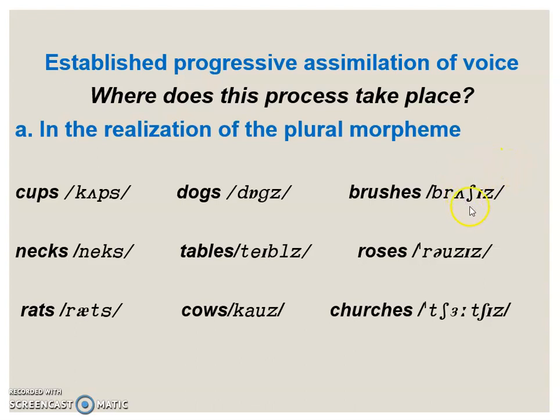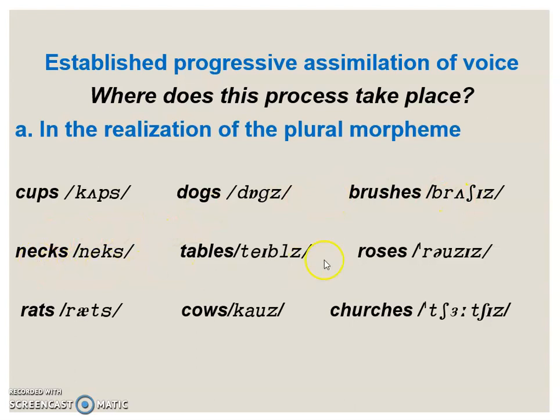So because sh is a sibilant sound, the plural morpheme is realized as an extra syllable, iz. So this is a case of, let's repeat, established progressive assimilation of voice in the realization of the plural morpheme, which is realized as an extra syllable iz because the previous sound is a sibilant.